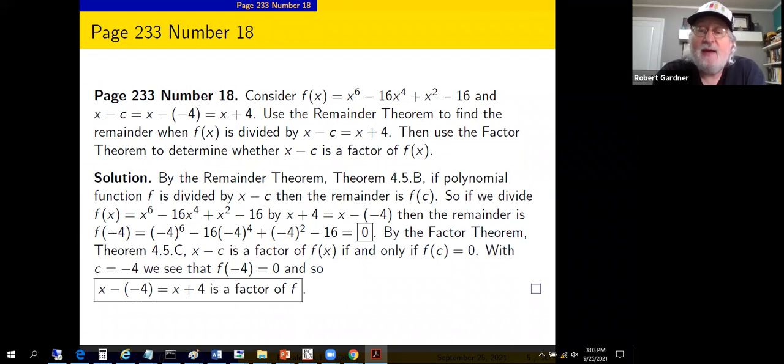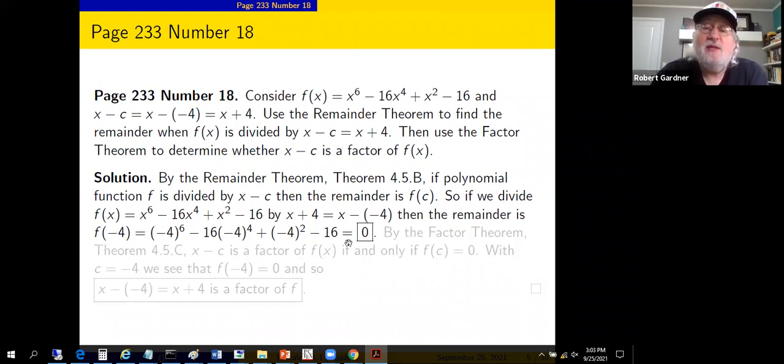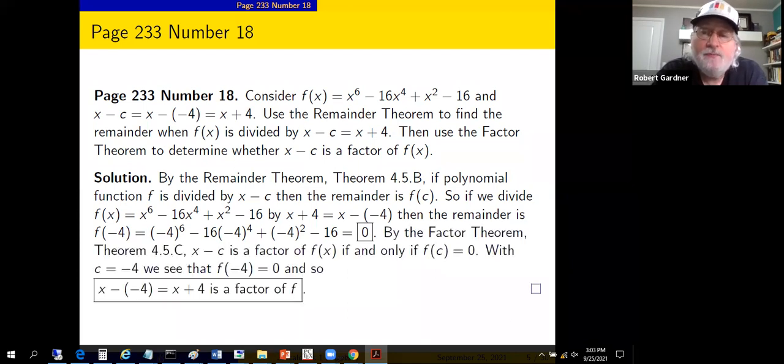And so by the factor theorem, the remainder is 0. Getting ahead of myself on the factor theorem. The remainder theorem tells you f of c, f of negative 4, is the remainder. The remainder is 0. All right, now the factor theorem says, well, if the remainder is 0, then we found a factor of the original polynomial function.